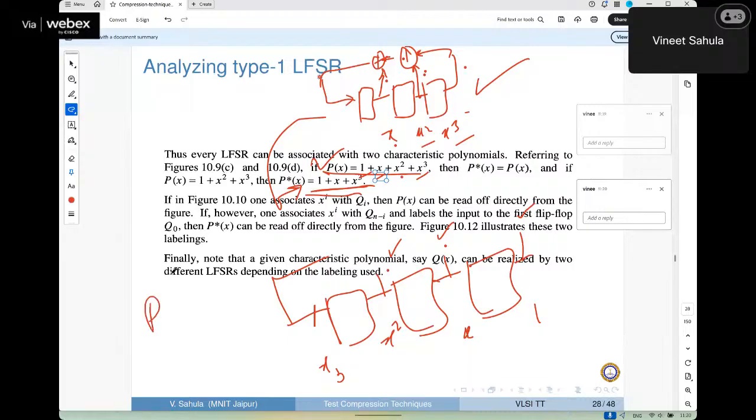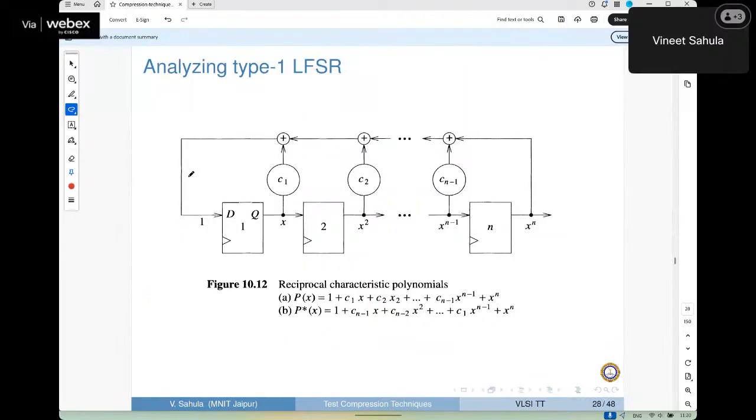You can obtain P star from P itself by putting x equal to 1 by x, which we can do now. Don't look at this figure. I have Px equal to 1 plus x plus x squared plus x cubed.